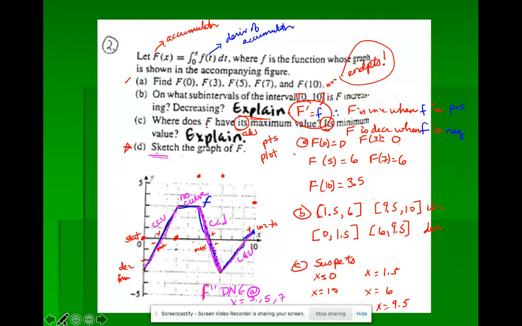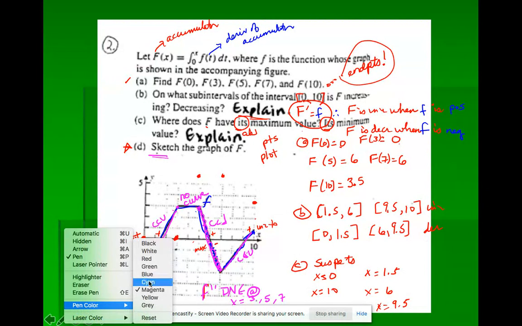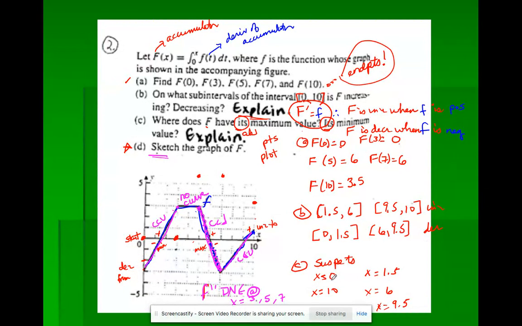So back to C, I have my suspects, but I didn't determine who was who, right? So x equals 0. Notice I know that that value is 0. At x equals 10, I know my value is 3.5.